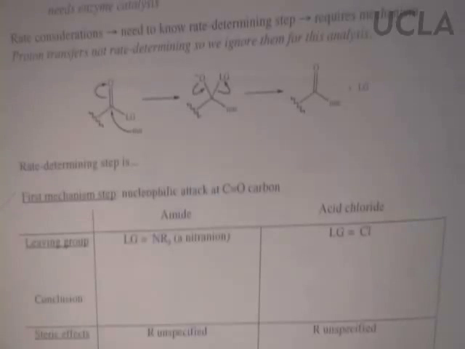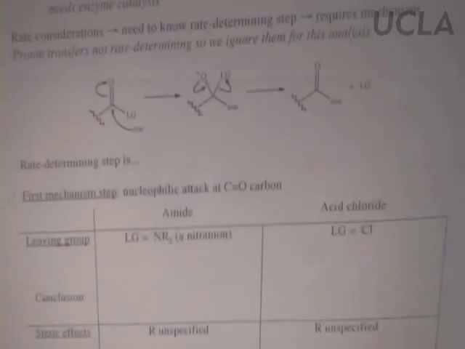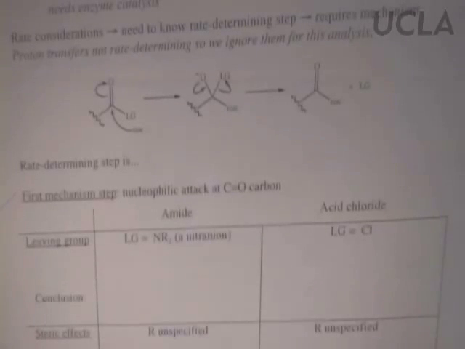Well, let's see. We don't know about resonance in the nitrogen case because we don't know what the R group is. The next thing that matters is atomic radius. Nitrogen is small because it's second row. Chlorine's third row. It's bigger. So that looks like chloride's going to be a better leaving group there. Electronegativity between nitrogen and chlorine: they're the same.